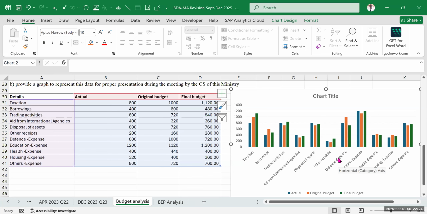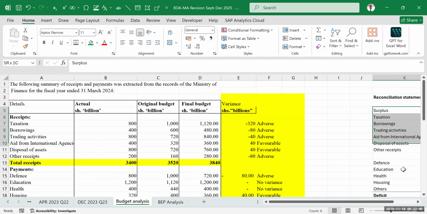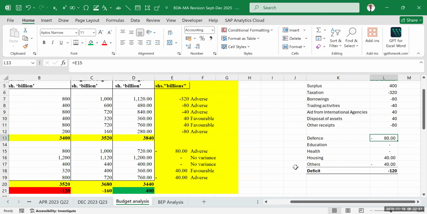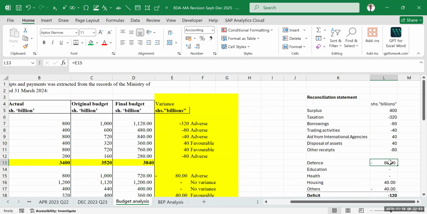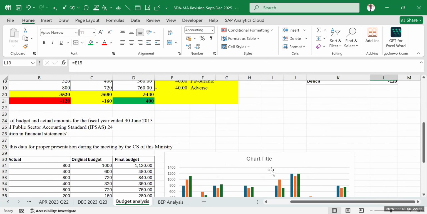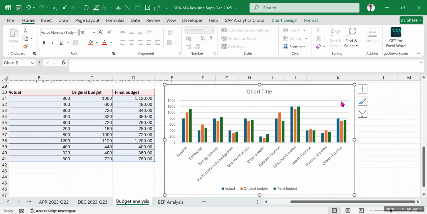On defense, the actual expenditure is this amount. Then on the same defense, the original budget, we budgeted to spend this 1,000. Then on the same defense, we had a final budget of this. So you can compare final and actual so that you can relate that information to this reconciliation summary on defense, and you realize that on this line of defense, there is an adverse of 80. So you can see it clearly from that presentation.